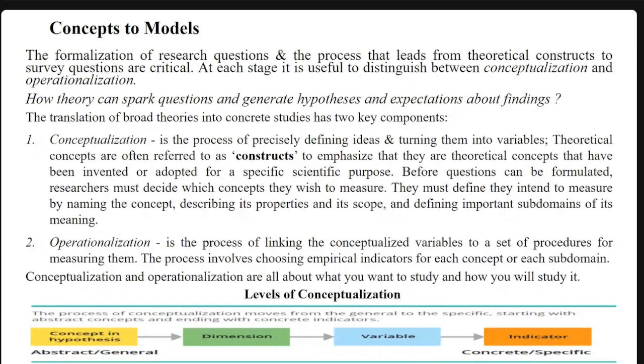Your theoretical understanding of poverty has to be translated into something measurable, so that you can go to the field, collect information, analyze it and say that this much is the poverty, and these are the people who are very poor, moderately poor, or less poor.